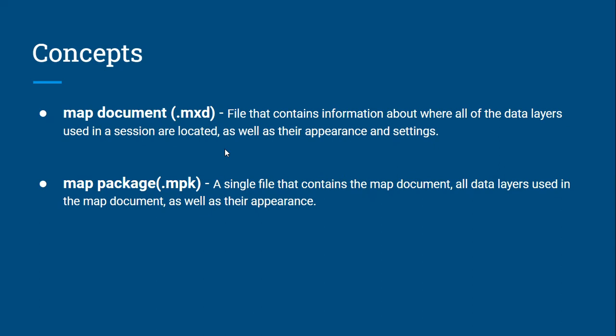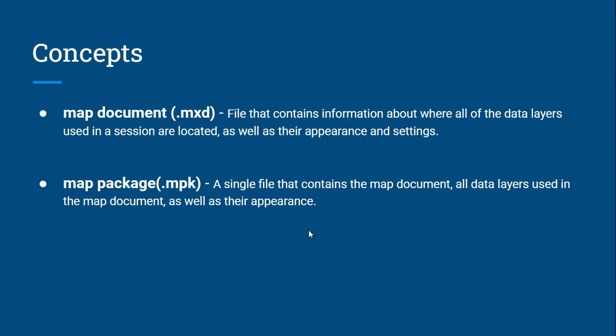This only contains the information about where the data is located, but it does not include the data in the map document. So if you want to share your project with someone on a different computer or laptop, you have to save your project as a map package, whose extension is .mpk.